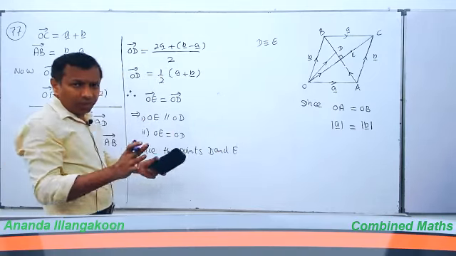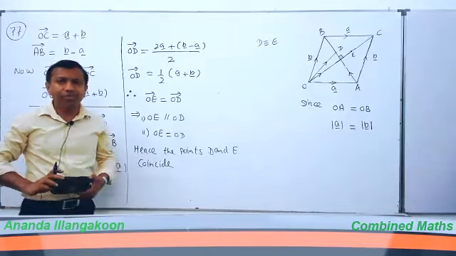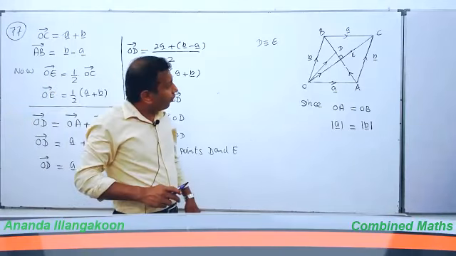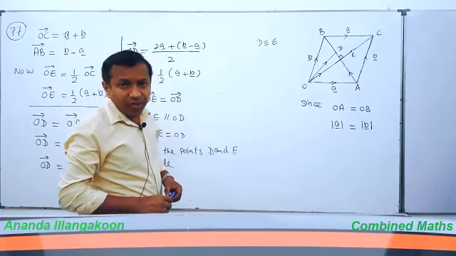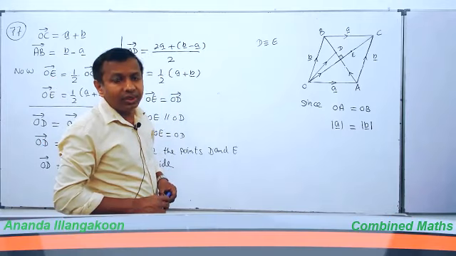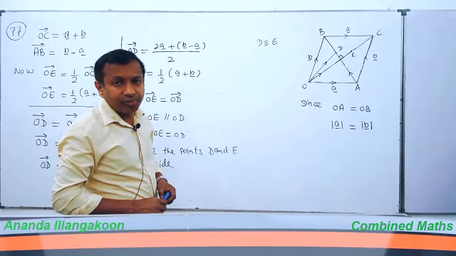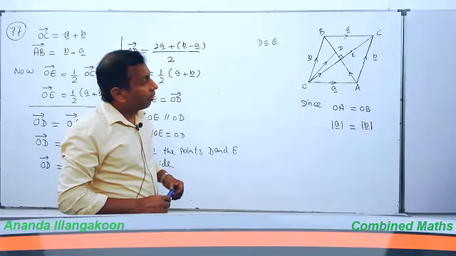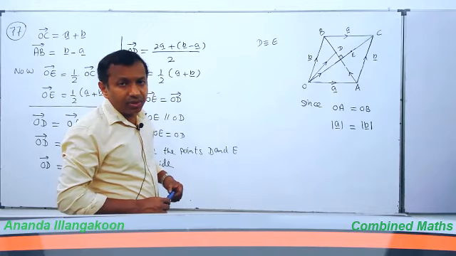Coincide means, people, overlap each other. That means the midpoint of OC and the midpoint of AB coincide. D and E should be the same point.